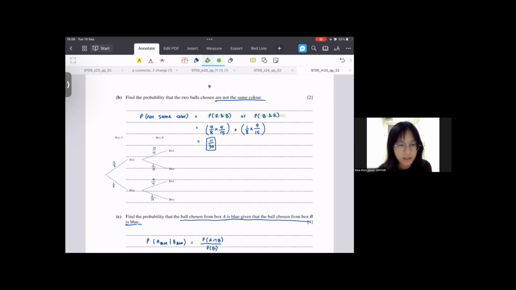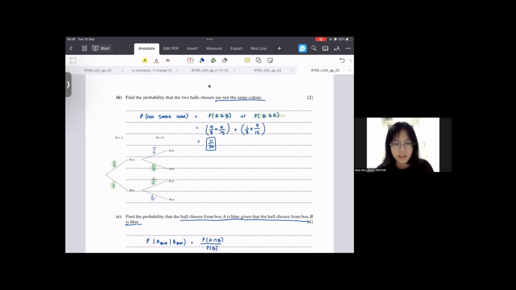As we can see from the tree diagram, the probability of getting red and blue is 7 per 8 times 5 per 15. And the probability of getting blue and red is 1 per 8 times 9 per 15. So that makes the probability of not getting the same color 11 per 30.